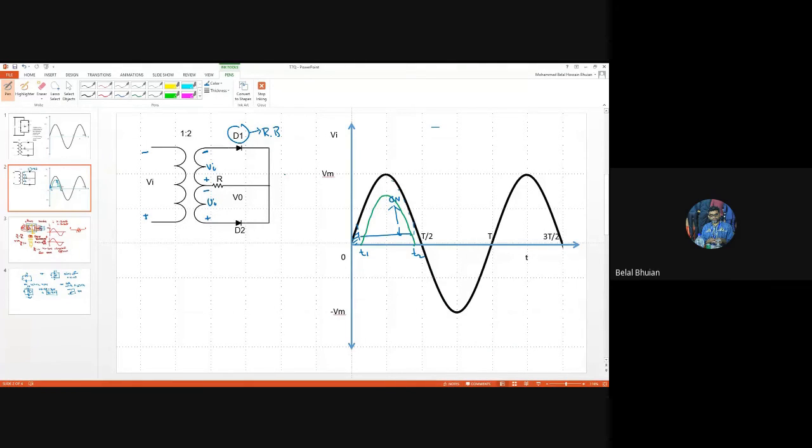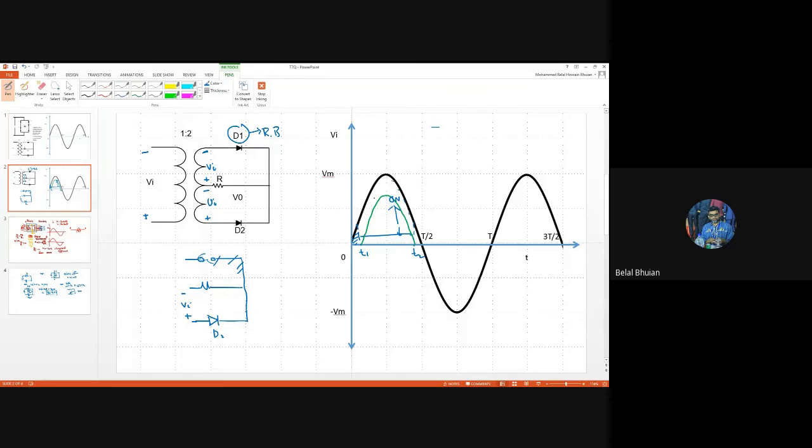And if D1 is reverse biased, we can get rid of it. So we can effectively draw the circuit like this: plus, minus, Vi, D2. So we don't need to worry about this part of the circuit.